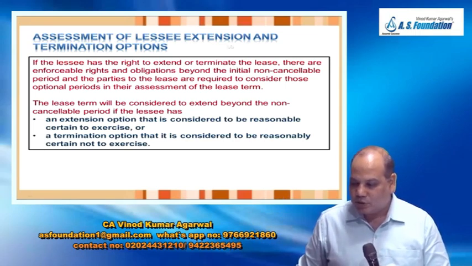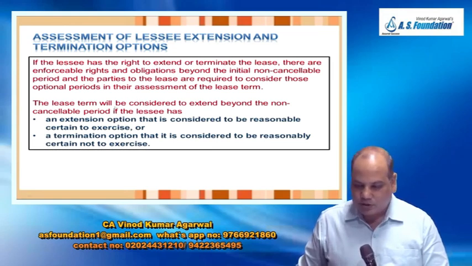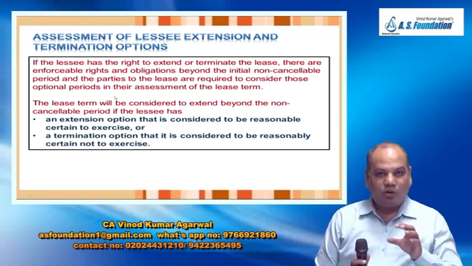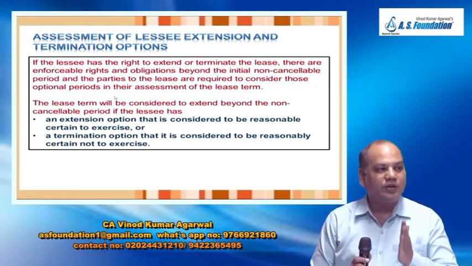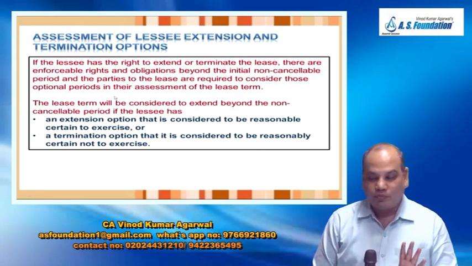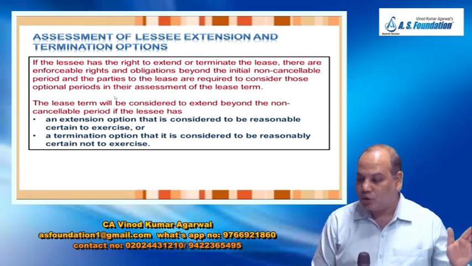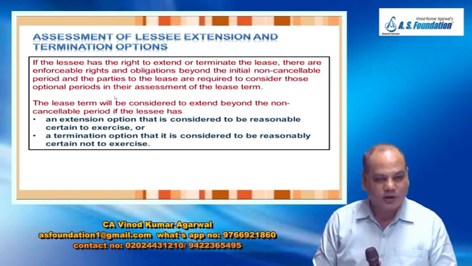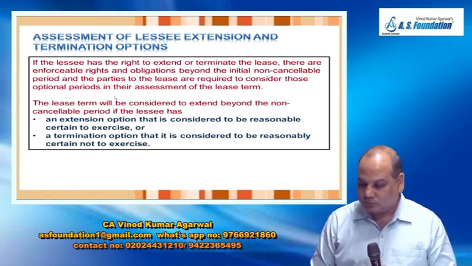And then assessment of lessee extension and termination option. A little bit of repetition here. If the lessee has the right to extend or terminate the lease, now we are trying to understand what is the lease term. Lessor has a termination option, ignore. Lessee has a termination or extension option, and these are enforceable rights and obligations, then this will be considered.